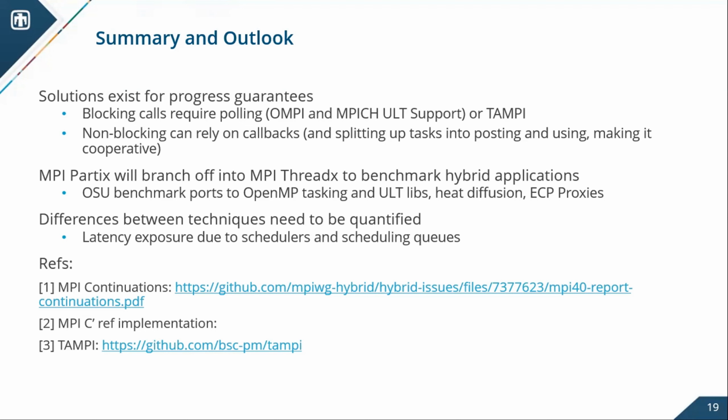The objective is to quantify the implications of these techniques in HPC, especially thinking about the latency that is added when suddenly a blocking operation becomes non-blocking, and the progress of your application depends to a big extent on the scheduler. With this, I'm listing a couple of references, and feel free to ask any questions. Thank you.